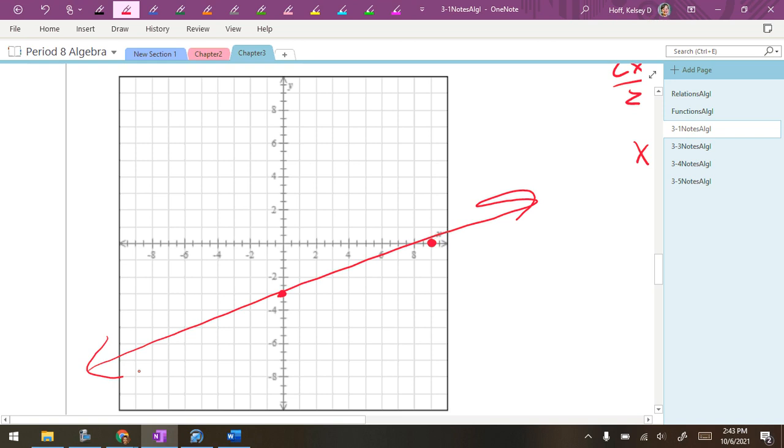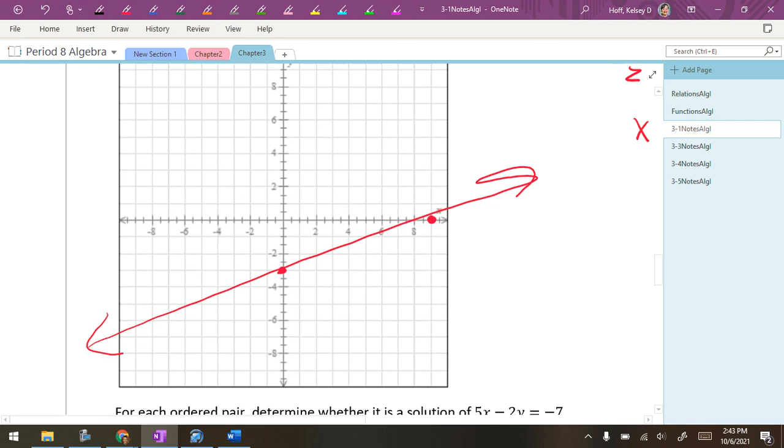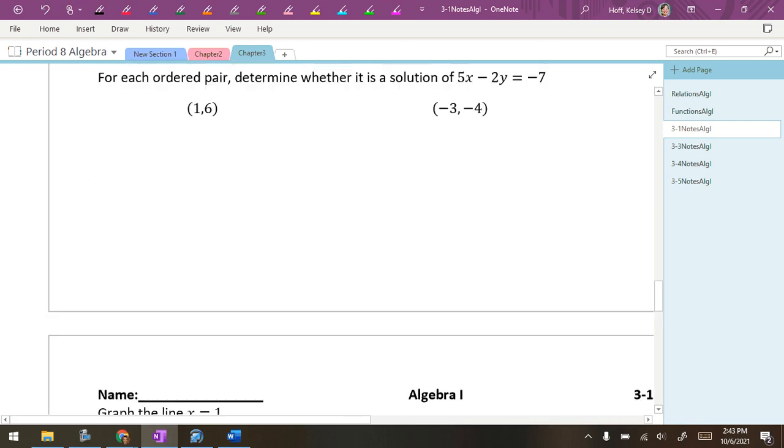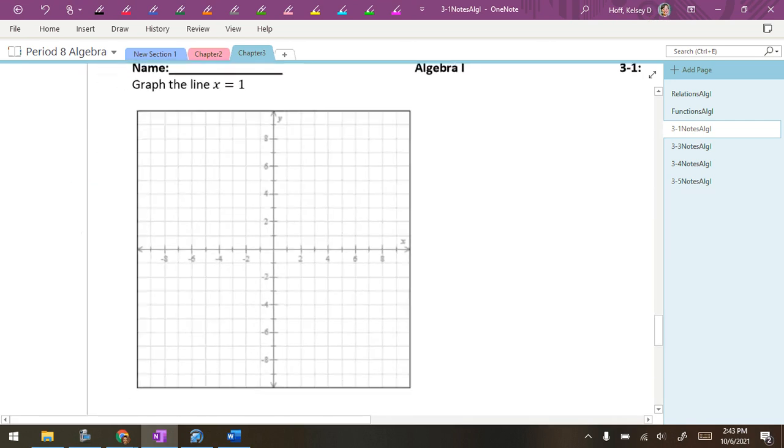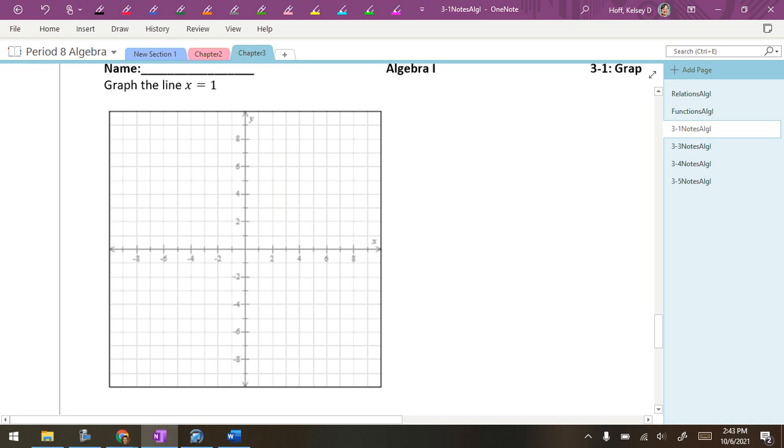Every problem today, because how are we graphing? Using the x and y intercepts. Okay? We're going to skip that problem. Go to the back. Graph the line x equals 1. Every problem today, we are going to graph using the x and y intercepts.